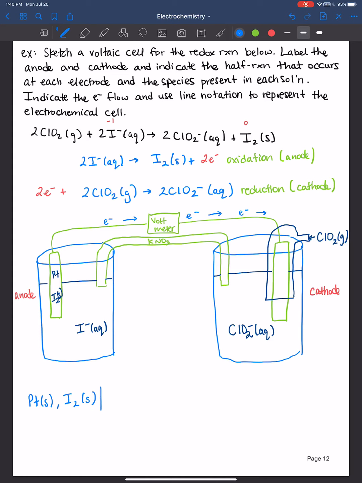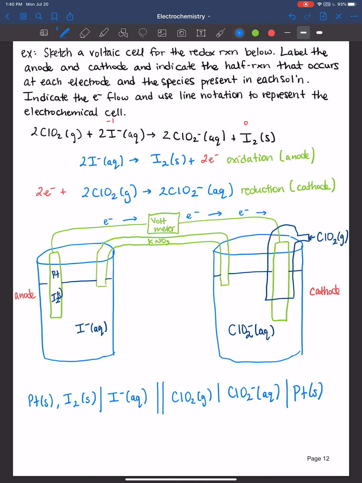We know that nonmetals are not good conductors. Separate out the phases. So those were solids. This is aqueous. Represent the salt bridge here. And then we have the gas and the aqueous anion here. And then finally, we definitely needed a platinum electrode on this side as well.